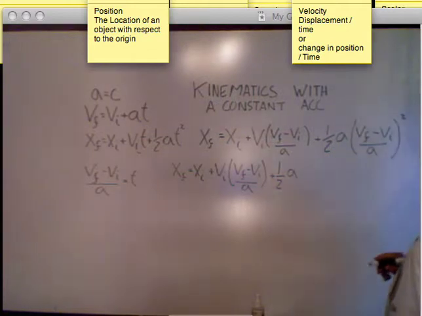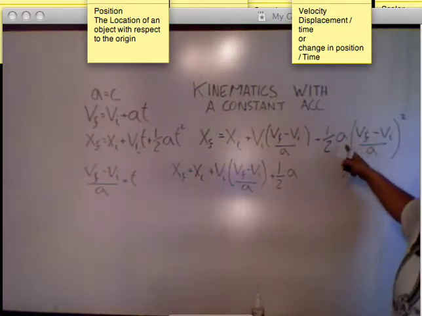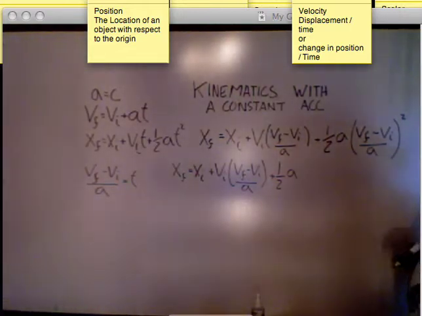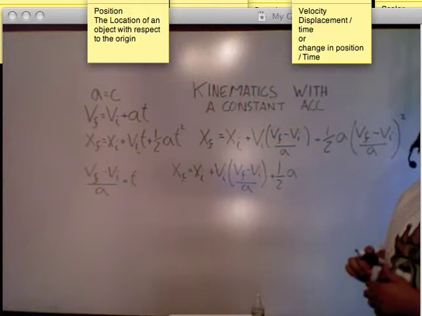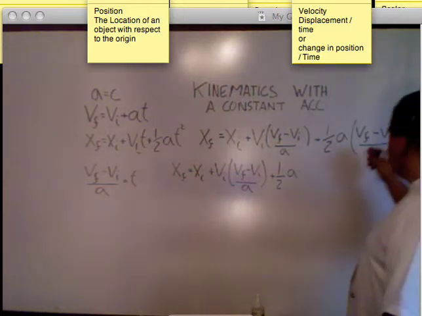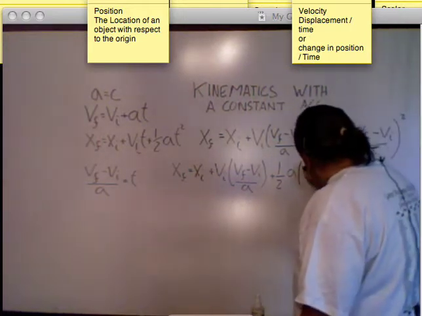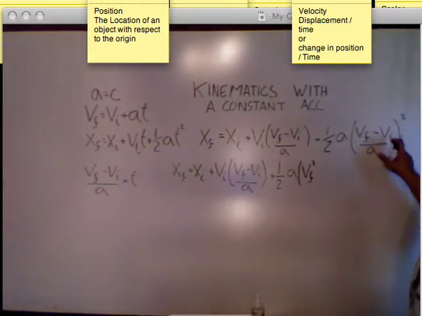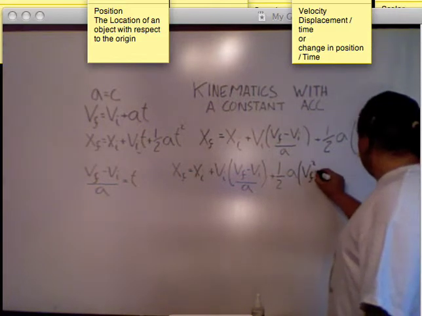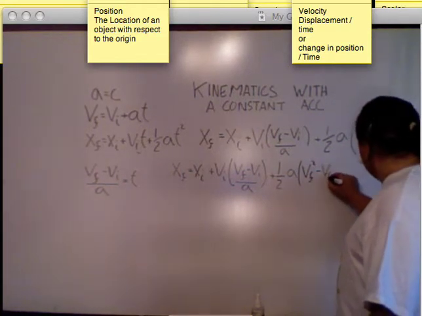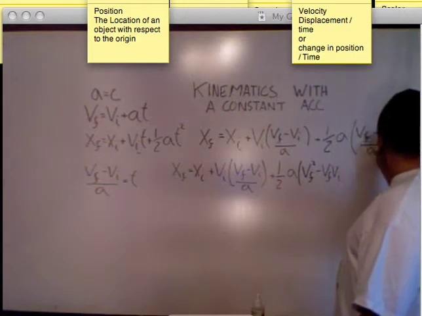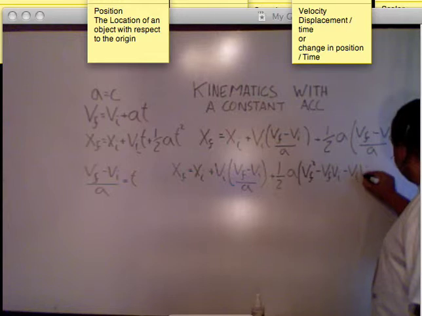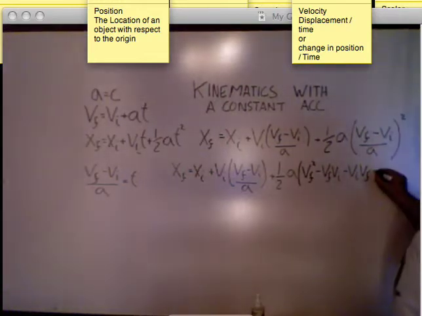Now to FOIL this out, that's first, inside, outside, last. I suggest you do it on your own, but I'm just going to give you the answer. The first is V final squared. This times this gives me a negative V final V initial. This times that gives me a negative V initial V final. And then this squared.